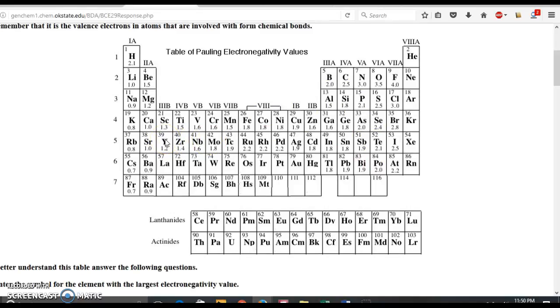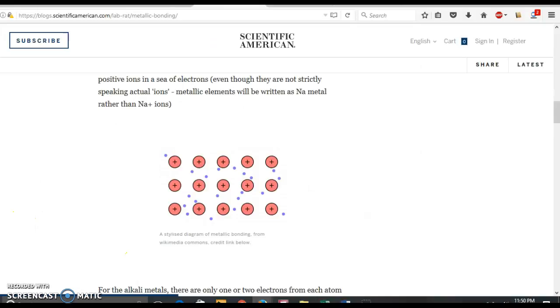One of the key properties of metals is that they like to remove their electrons, specifically their valence electrons. So these valence electrons create a sea of electrons. These positive ions are immersed in this sea of electrons, and the sea of electrons and the positive ions have strong metallic bonds. These are the bonds that keep the metal in a rigid shape.